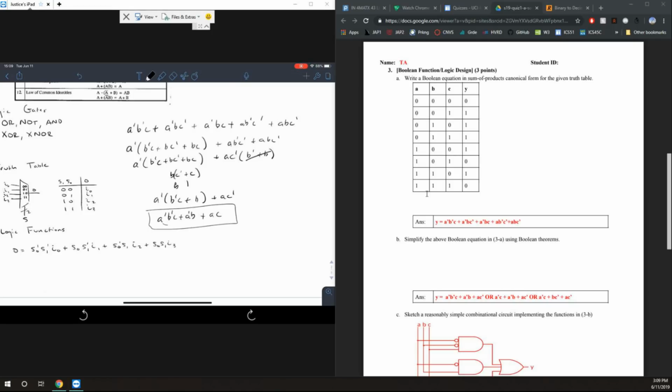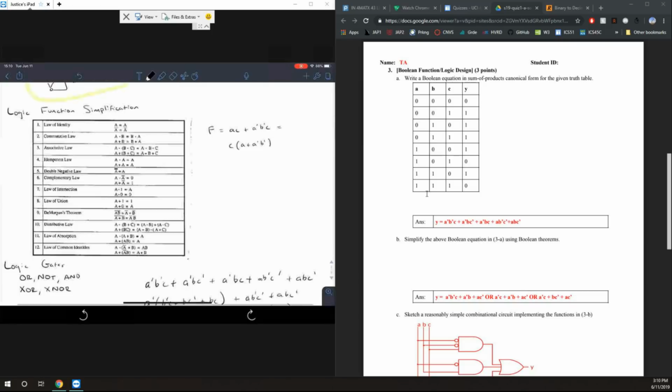Which rule is that? If it's A not B C plus A, that equals A plus B C. It's either going to be true on one side or not true on the other.